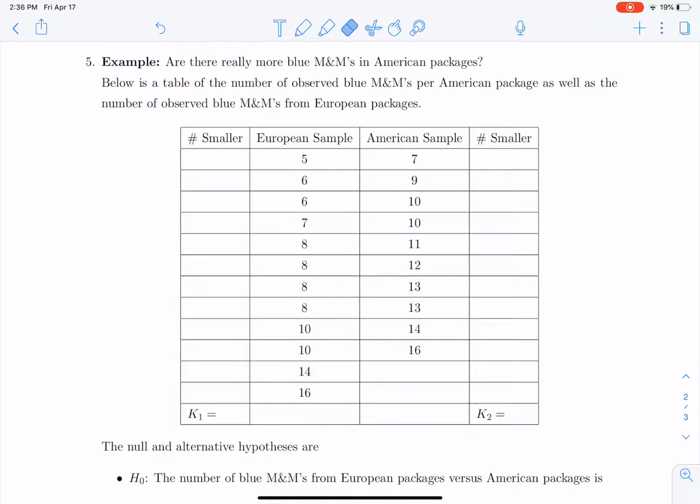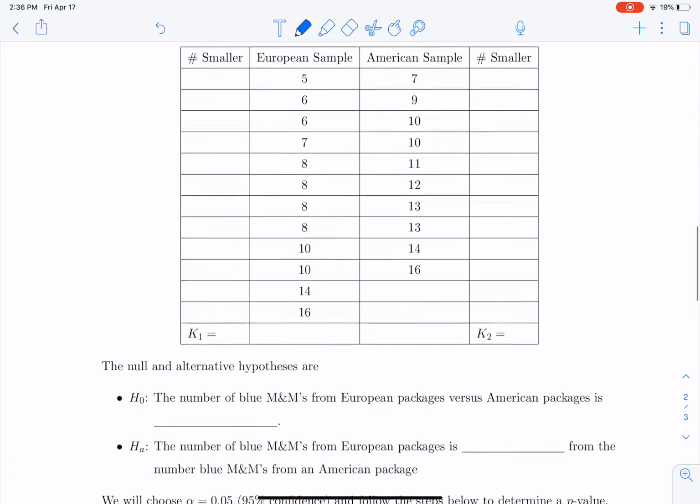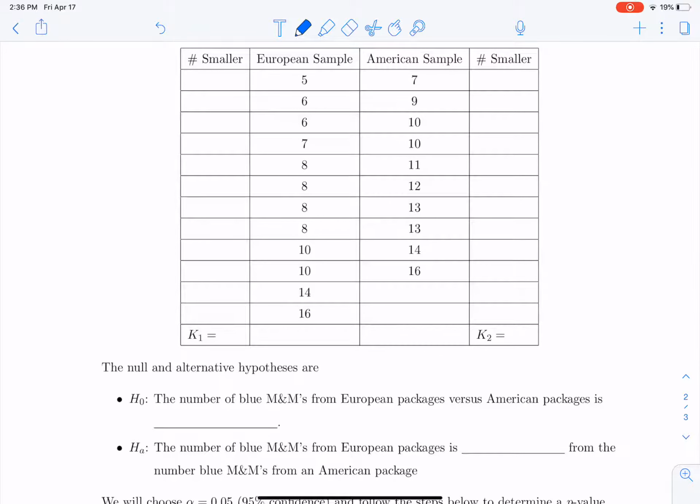We have small sample sizes, 12 and 10, and there's no reason to believe that the number of blue M&Ms has a normal distribution. So I'm going to use a Wilcoxon Mann Whitney test to compare these two samples. My null hypothesis is that the number of blue M&Ms from European packages versus American packages is indistinguishable.